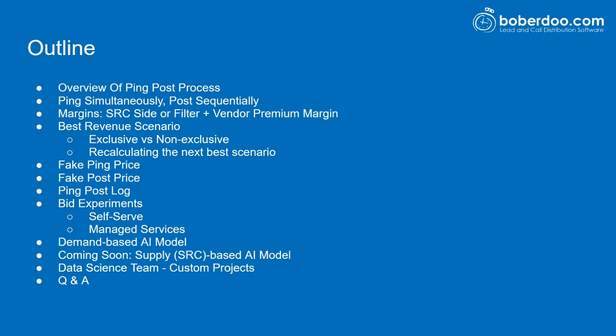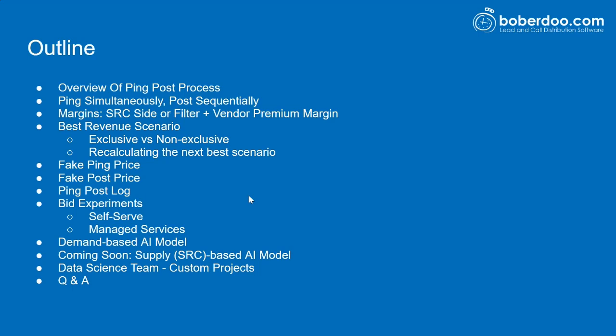Just an overview of the ping post process. We'll talk a little bit about the details there of pinging simultaneously and posting sequentially. We'll talk a little bit about margins, best revenue scenario, which most of our clients, but not all of our clients, are on. Then we'll get into some of the tools that you can utilize to optimize your margin.